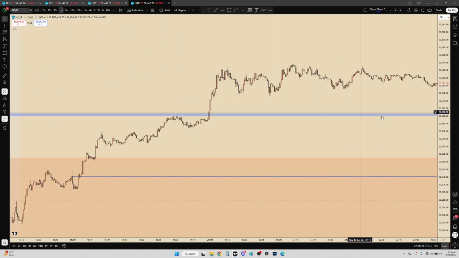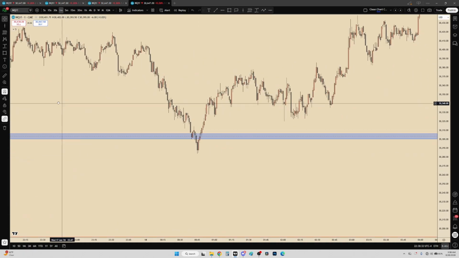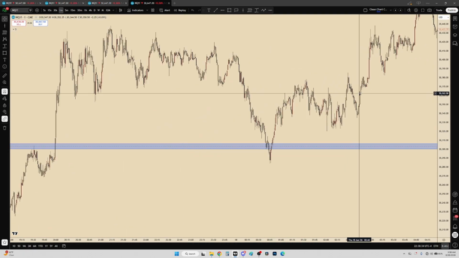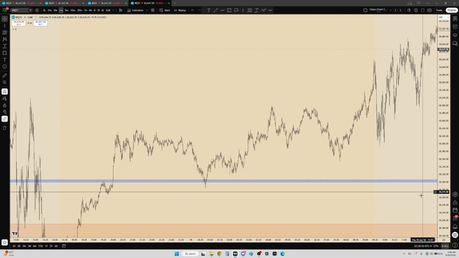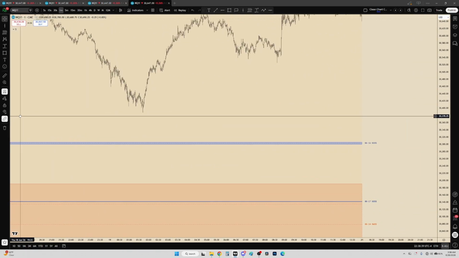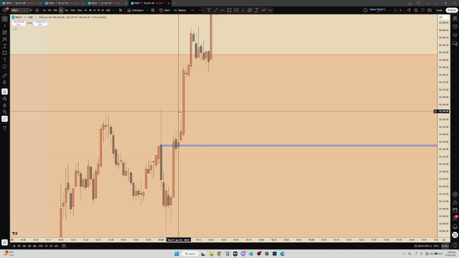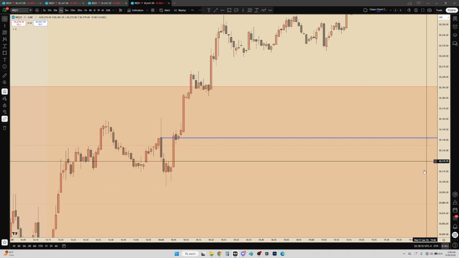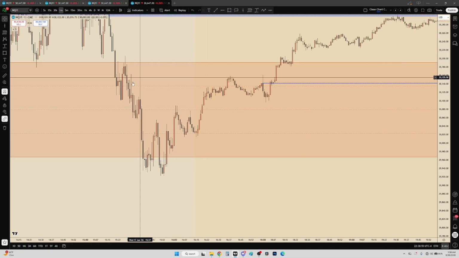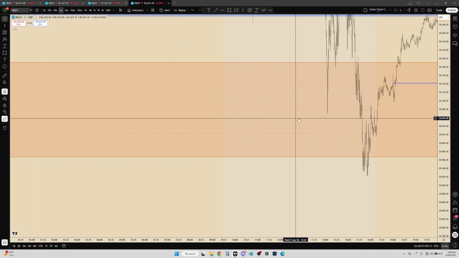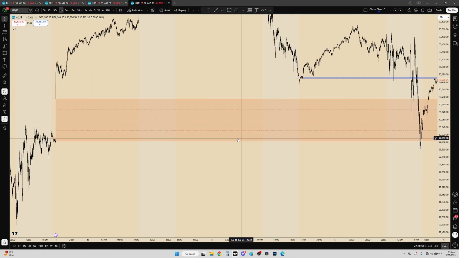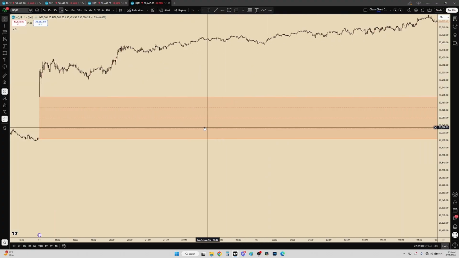This NDOG from way back here, we went above it here, used it as support here, and then we used that as sort of like the liftoff pad to go higher. So this NDOG was kind of small, quickly went down, and then we got back above it, used it as support, went higher, and then we were also trading inside this NWOG, which was actually a touch back into it from the previous Friday.